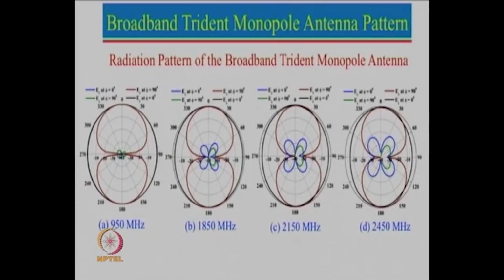So we have shown the pattern here at 950 megahertz, 1850 megahertz, 2150 megahertz, 2450 megahertz, which is for Wi-Fi application. So one can actually see that this is the omnidirectional pattern you can see here. So that is also omnidirectional. Here it is still considered omnidirectional, even though the absolute maximum variation is about 5 dB over the band, and yet the pattern over here, it is forming that 8 shape here.